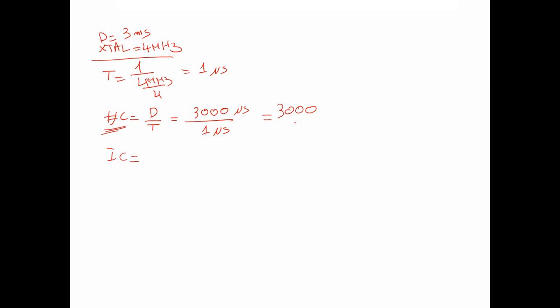If you work with decimal, we have 65,536 minus 3,000. So what is the result?